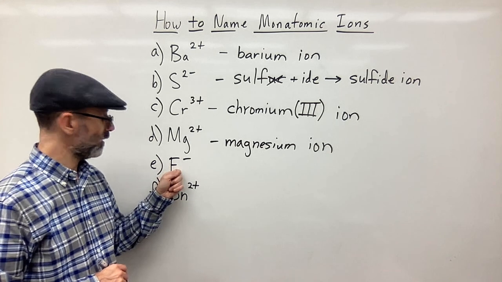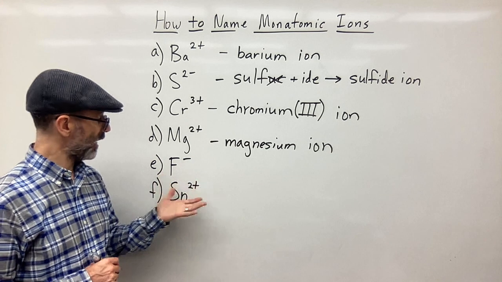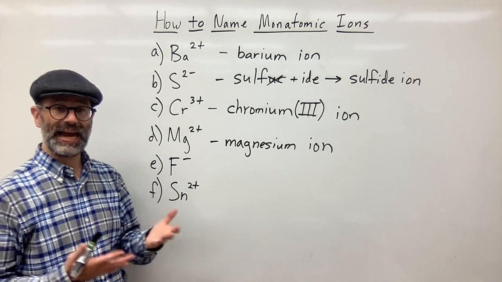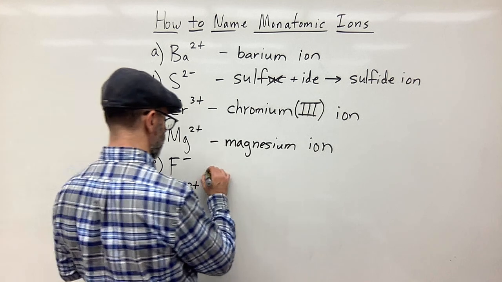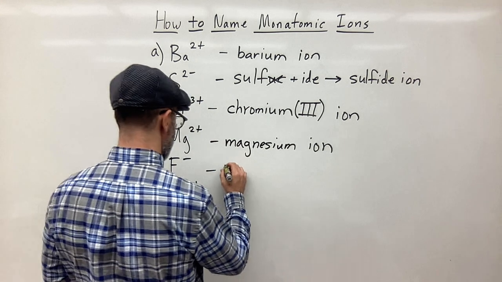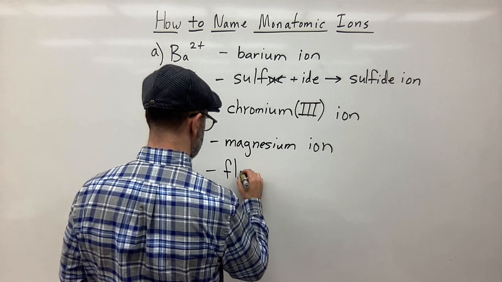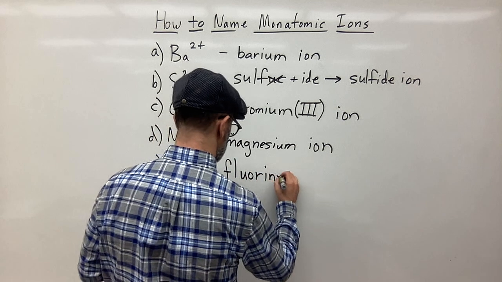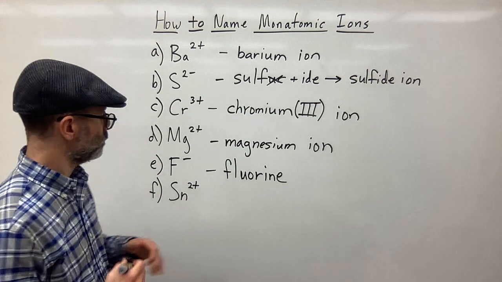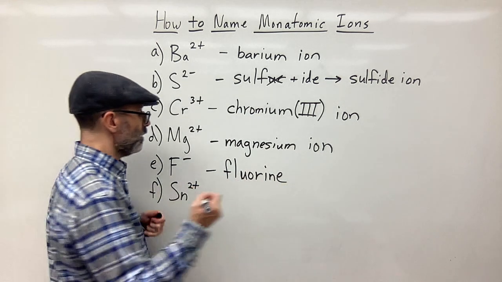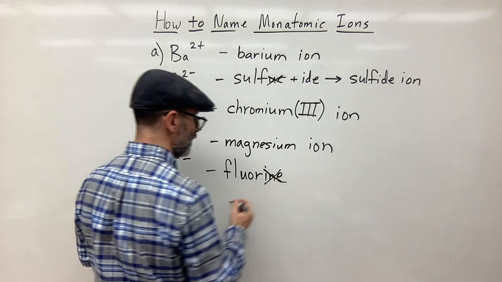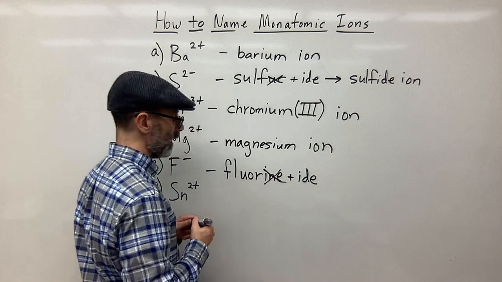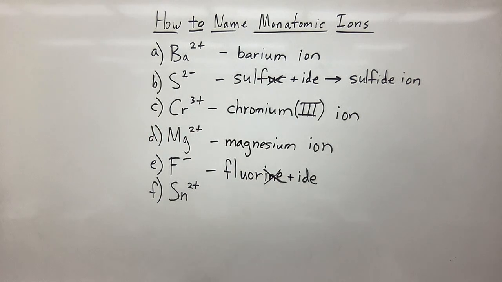Next, we have F with a minus charge. F is for fluorine. This is a negative ion, an anion. So here we're going to want to drop the ending and add the IDE ending. We're going to write down the name, fluorine. Then again, we want to drop the INE ending and add IDE.